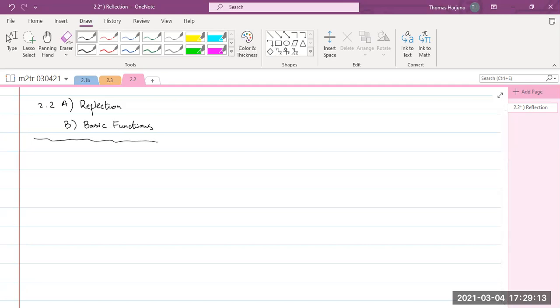Now consider a coordinate, let's say (3, 4). I mean, in this case, it would be better (4, 3). If you watch my lecture, then you see if we reflect (4, 3) with respect to the x-axis, then the reflection will be the same x, the opposite y.